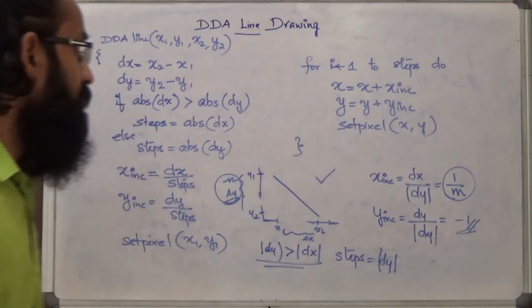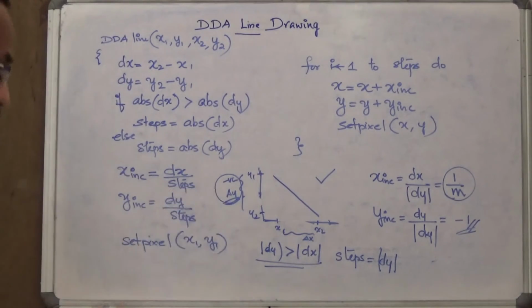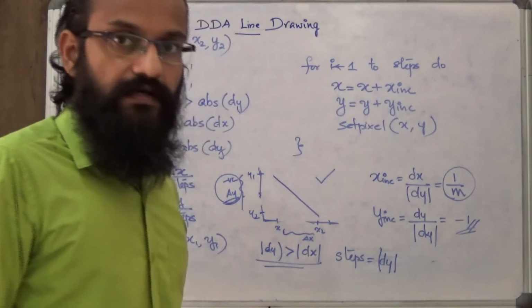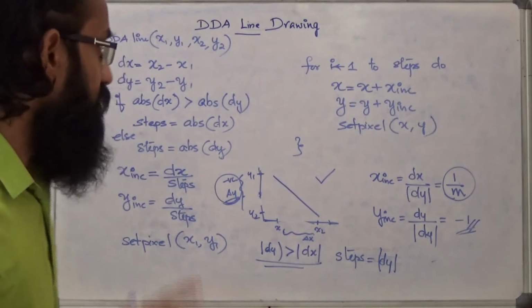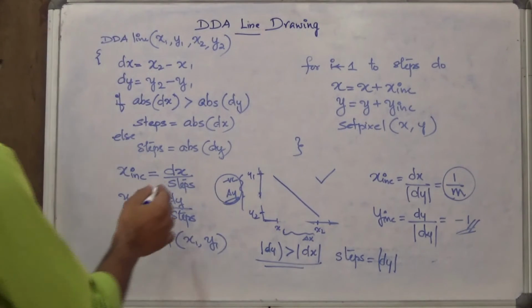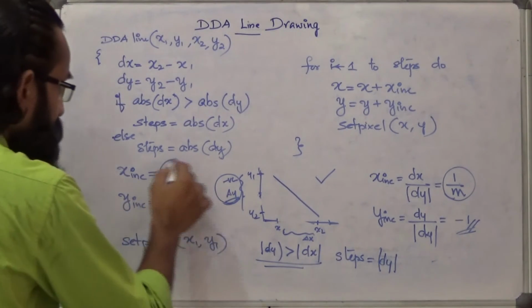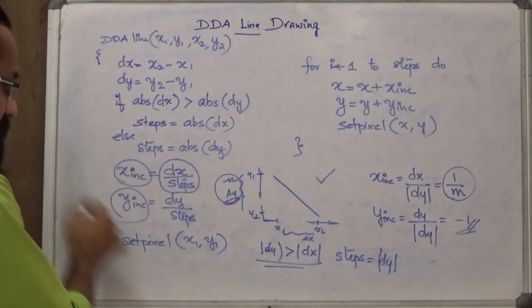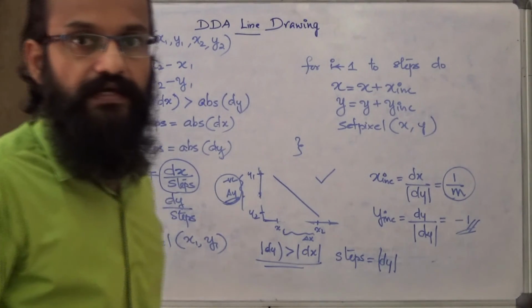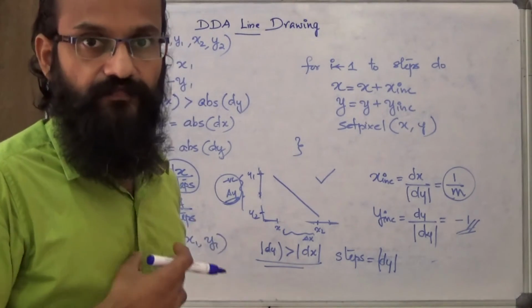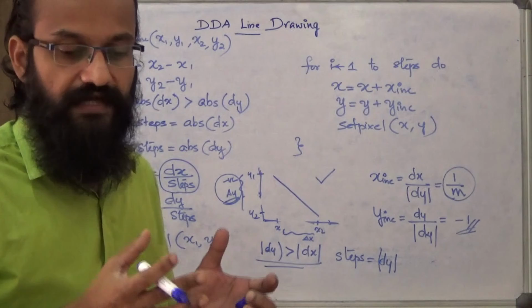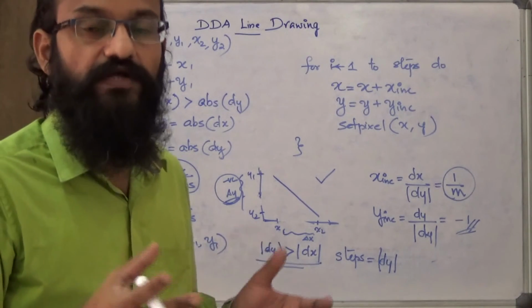That is one advantage of this algorithm. There is some drawback. One drawback is that if you compute dx by steps, x increment and y increment need not be an integer value. That value will be some floating point value.